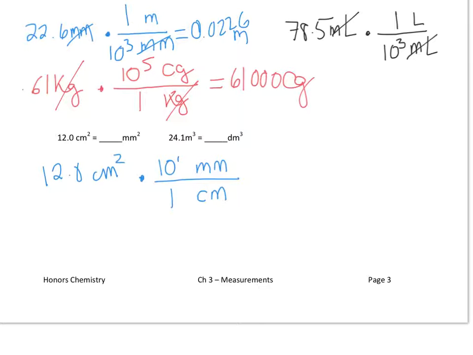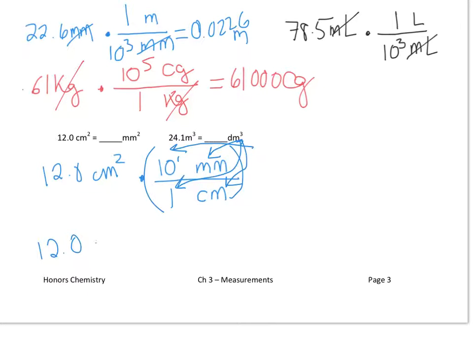So then what you do is you square the whole thing. You square this whole thing. When you have parentheses and then a squared, that means that squared distributes to everything. So that goes to the 10, it goes to the millimeter, it goes to the 1, and it goes to the centimeter. So let me rewrite this so it looks a little bit better.